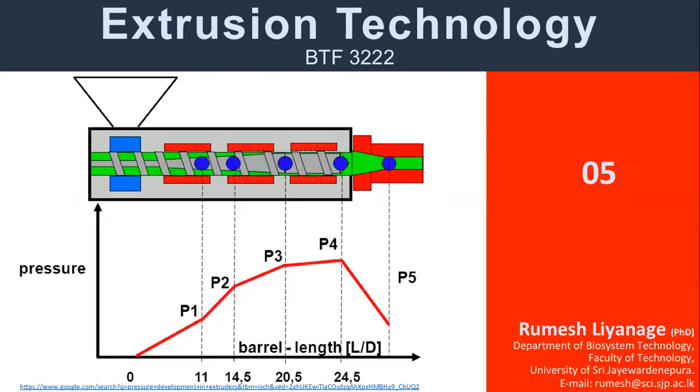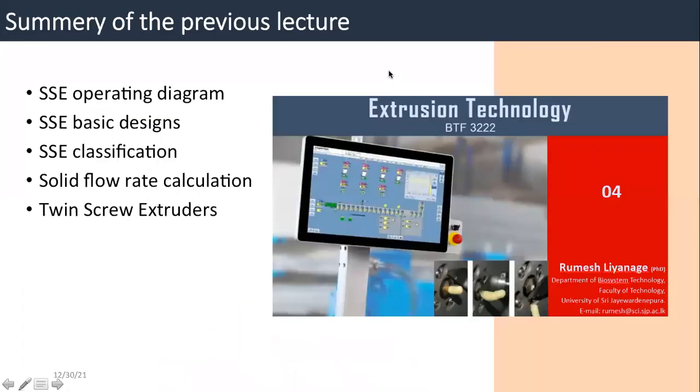We have discussed some important parts in the previous lectures. We have discussed single screw extruders, operating diagrams, basic designs of single screw extruders and classification. I think you can remember how to classify the single screw extruders and the solid flow rate calculation.